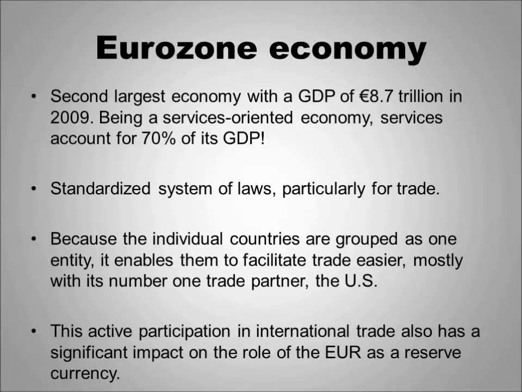And this active participation in international trade also has a significant impact on the role of the euro as a reserve currency. So the strength of the Eurozone's economy has also rendered the euro as one of the reserve currencies in the world, along with the US dollar and the Japanese yen.